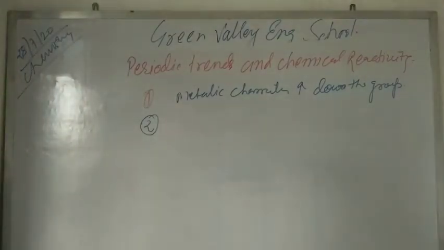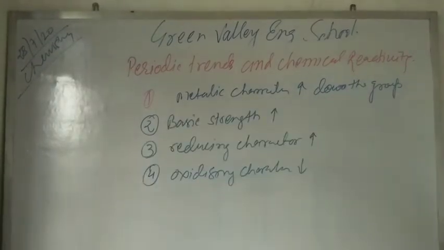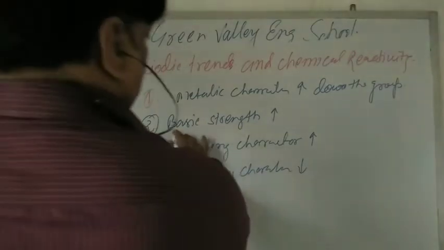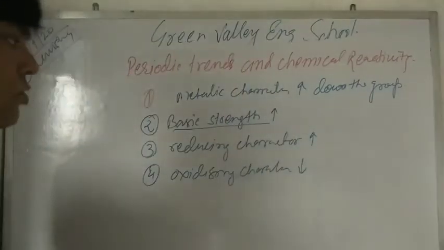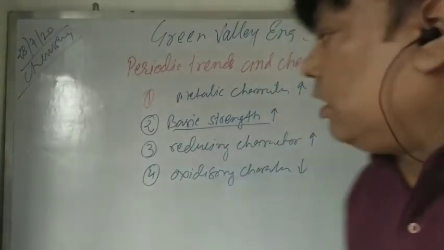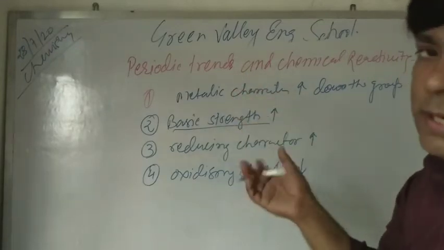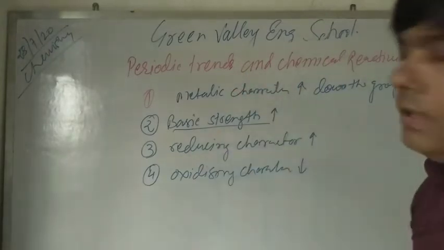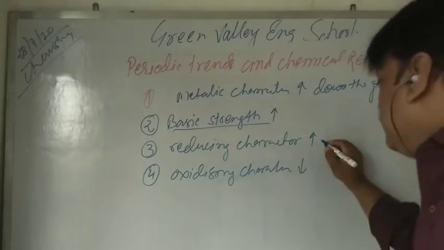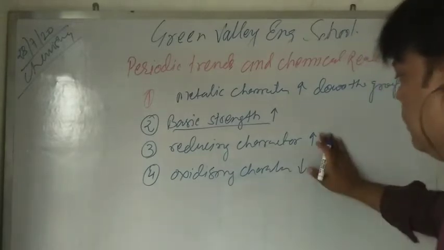As we move down the group, metallic character increases. Next is our basic strength. As we move down the group, basic strength increases. Why? Because due to increase in atomic radii, they will lose electrons easily. Reducing character increases. Remember that.